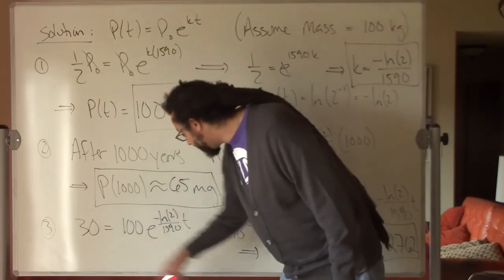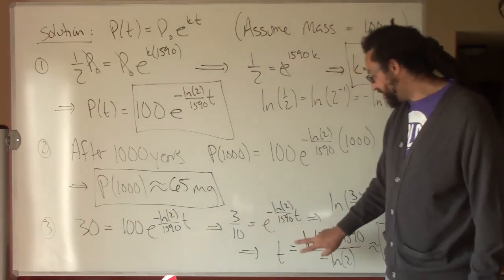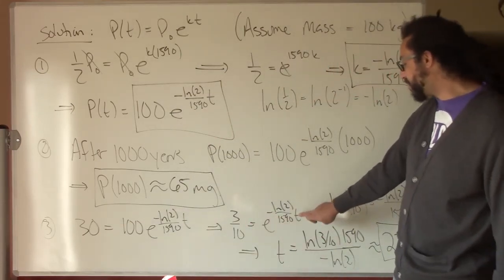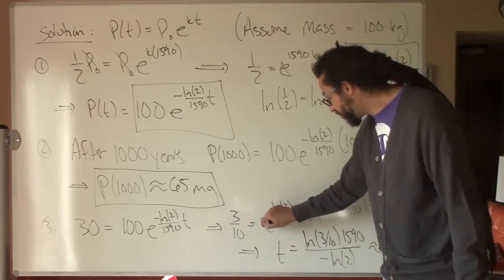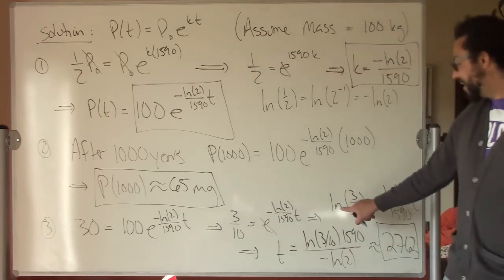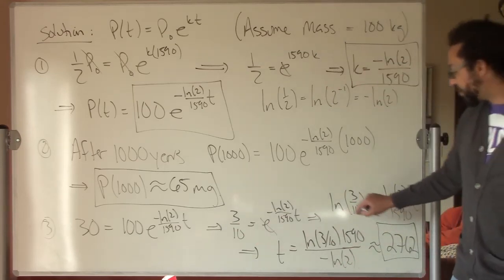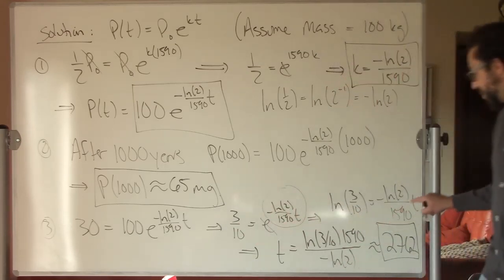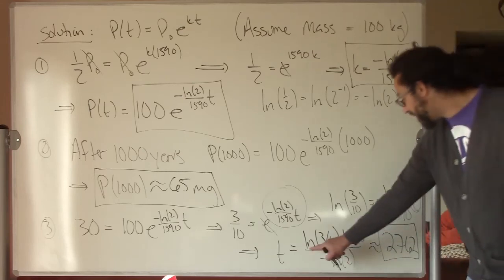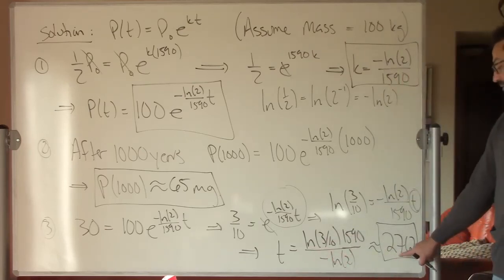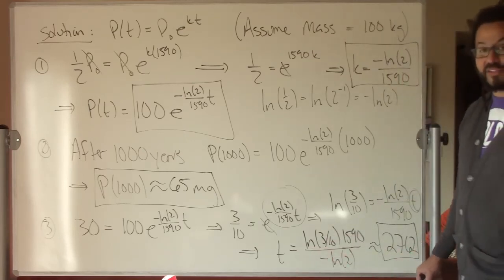I'll start by dividing by 100, so 3/10 is equal to e to the negative natural log 2 over 1590t. I will natural log both sides, so now I get natural log of 3/10 is equal to negative natural log of 2 over 1590t, and so now I just need to solve for t and punch it up in a calculator, and you get 2,762 years.